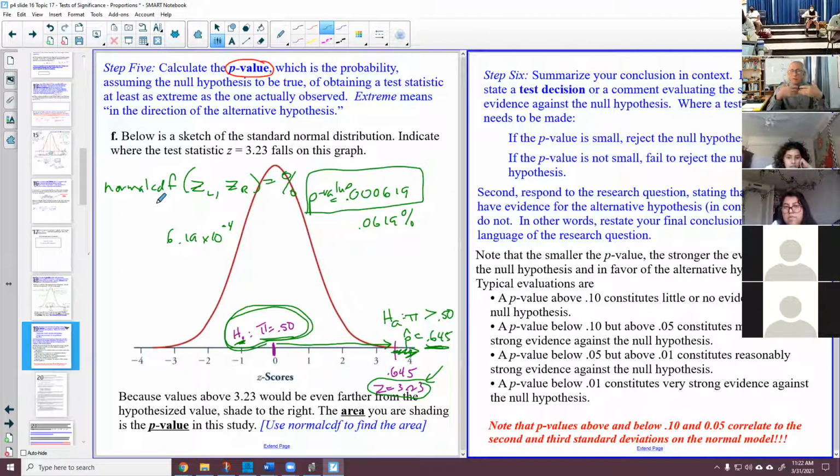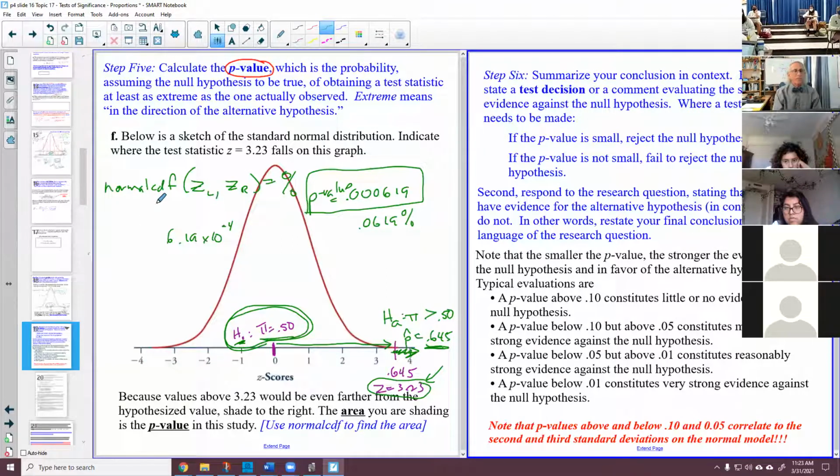I did some data gathering and I found out that actually I got 0.645 from my sample of 124 kissing couples. Based on that, would you reject the null hypothesis or would you not reject the null hypothesis? What do you think?